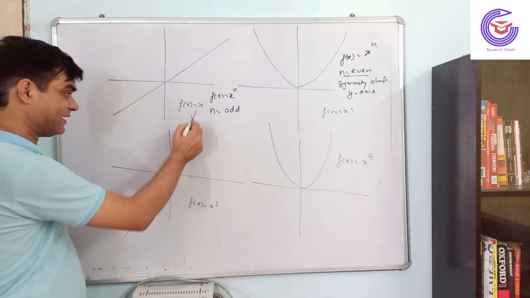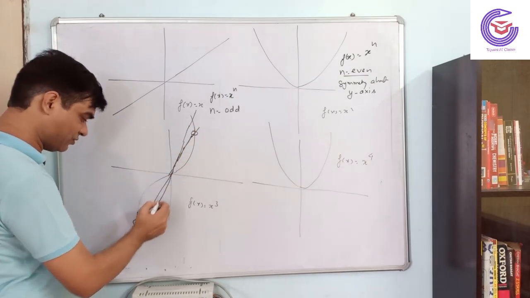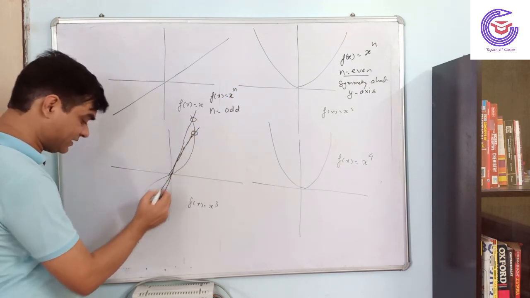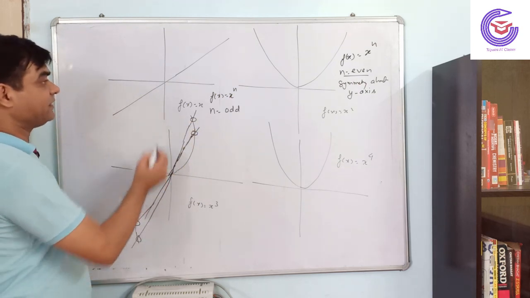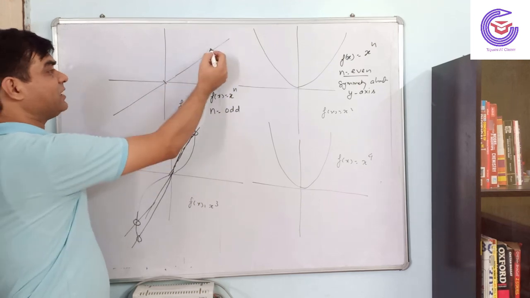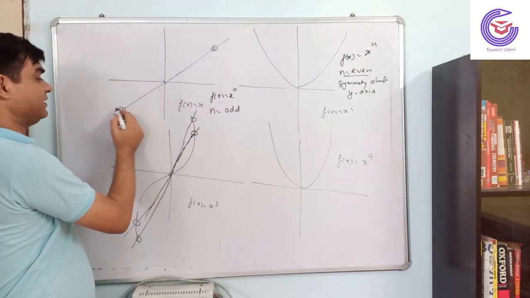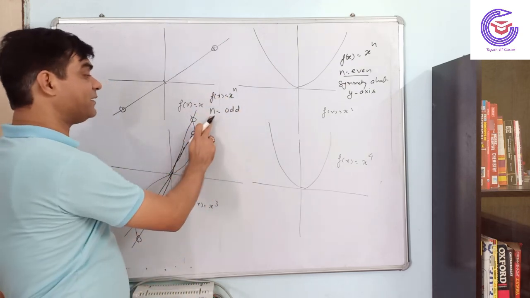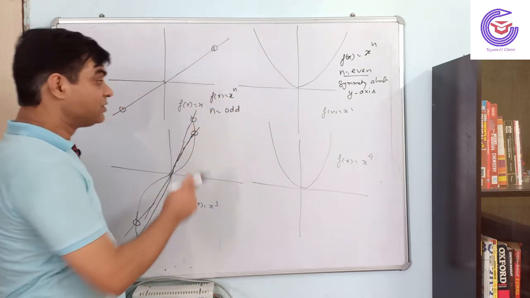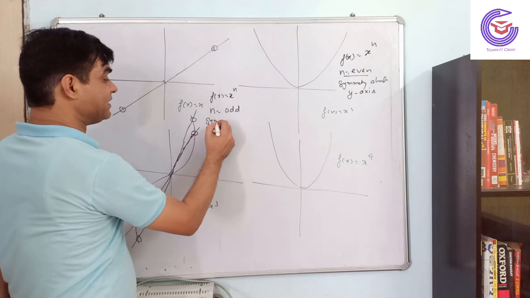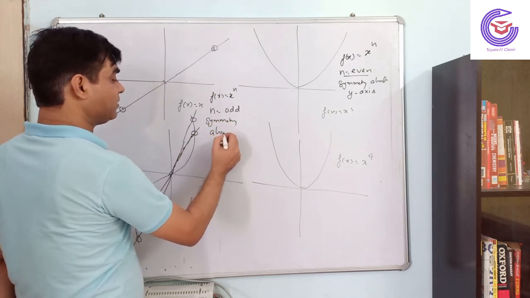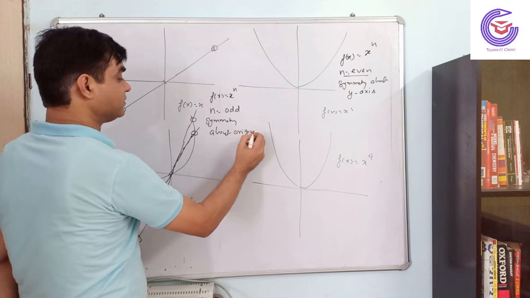If you put another line here passing through the origin, whatever distance you are getting to this point, you will get the same point here. In this case it's a straight line, so obviously whatever distance you are getting here, you are getting here. So in case of f(x) is equal to x to the power n, if n is odd, you are getting symmetry about the origin.